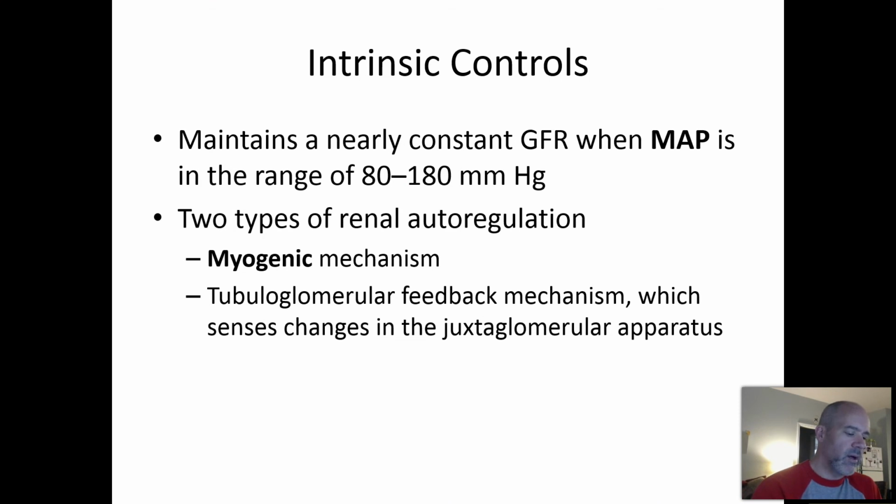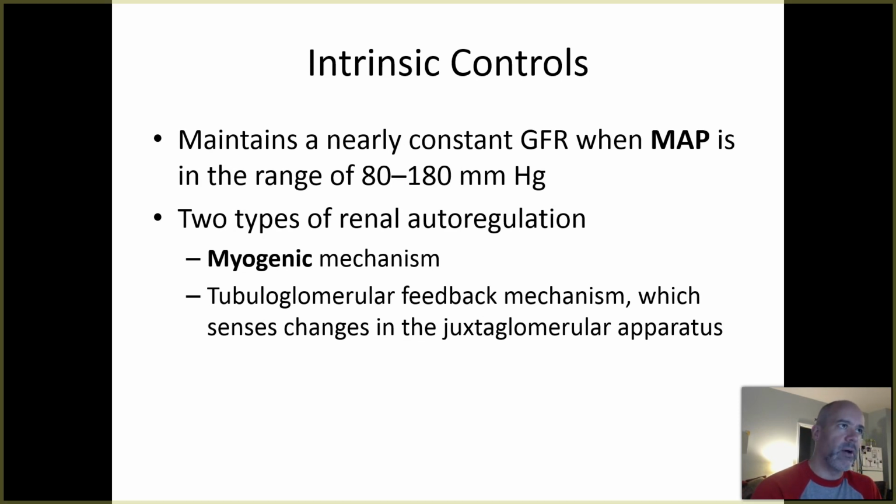All right, so first let's talk about the intrinsic controls, which happen all the time within the kidneys to make sure that our glomerular filtration rate stays pretty much constant. So our bodies are really good under normal circumstances at keeping that glomerular filtration rate steady, no matter whether you're active, whether you're chilling out at home, or when you're sleeping.